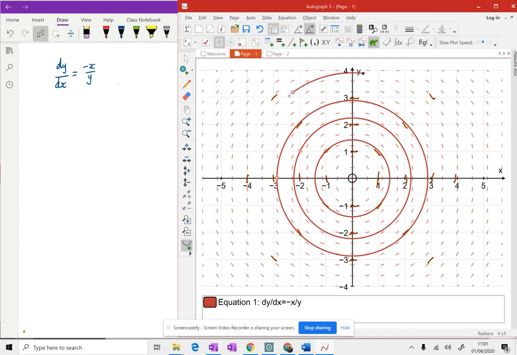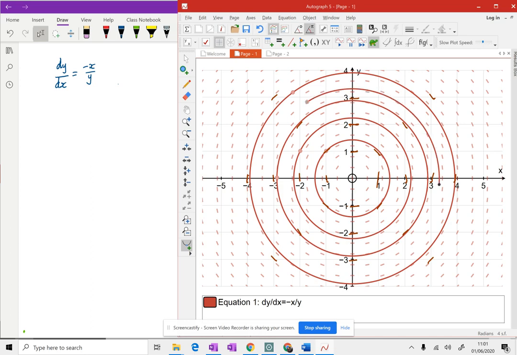We don't just get one answer. We get lots and lots of different curves which satisfy this differential equation.